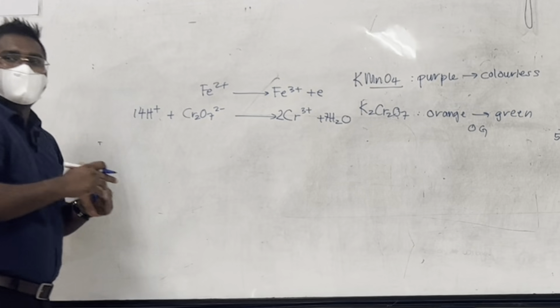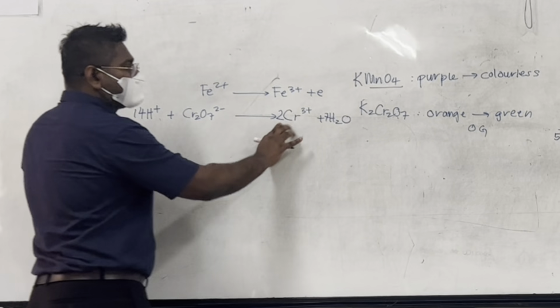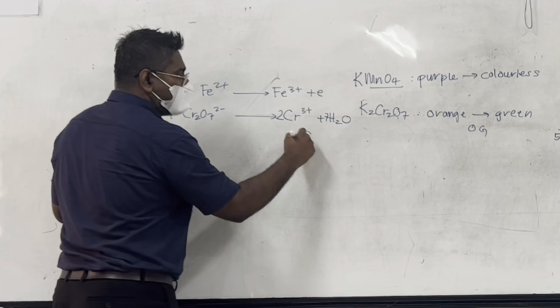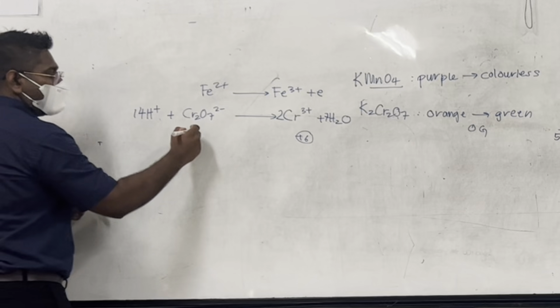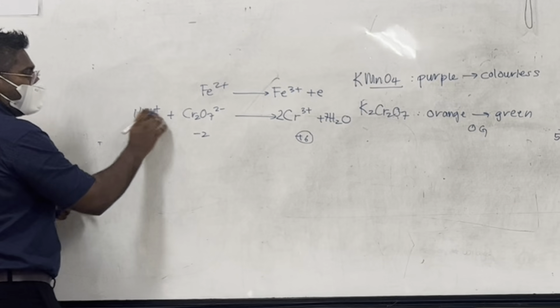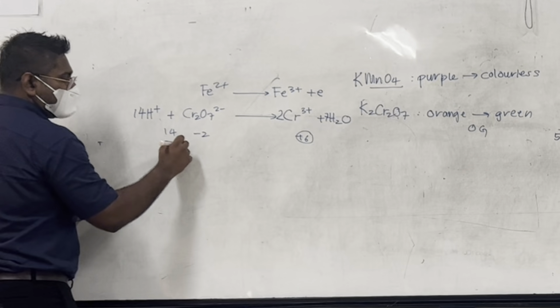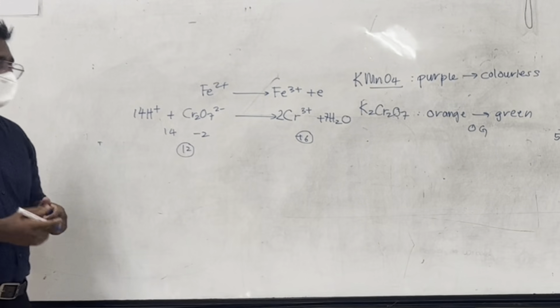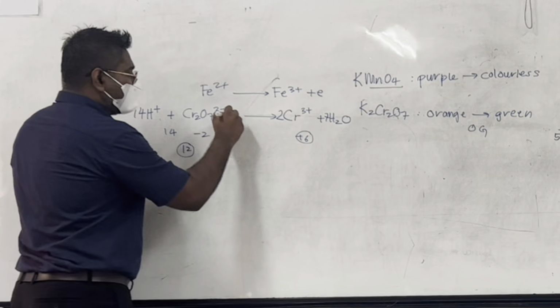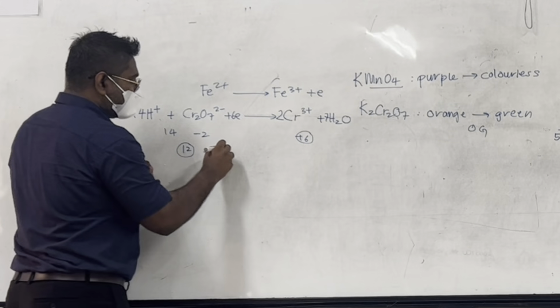So now you balance the charge. 2 times 3 is plus 6, and 0. Here, 2 minus and then 14, so you will get 12. How to make it the same left and right? You add 6 electrons, so you plus negative 6.